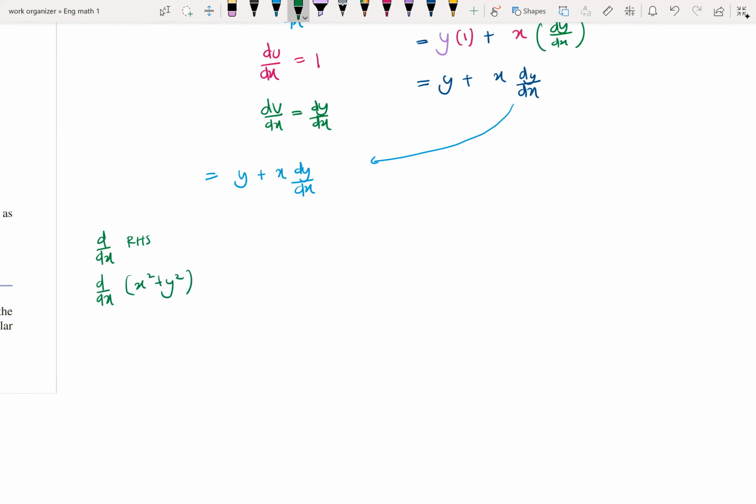Using the power of 2, the derivative of x squared will become 2x. And then we have d dx of y squared. Notice that this is a different element, where we have x and we have y, so this one we have to use the chain rule.